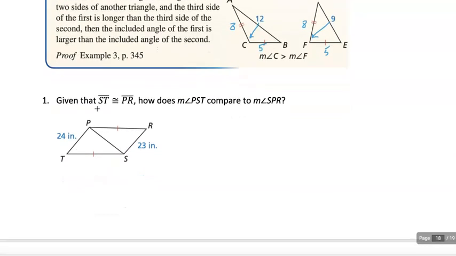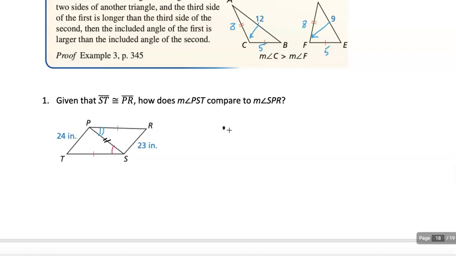Given ST is congruent to PR, how does angle PST compare to angle SPR? SPR is this angle. PS is congruent to itself.